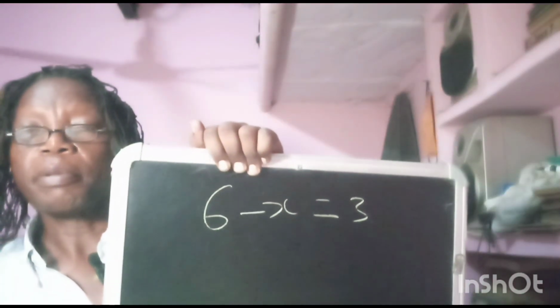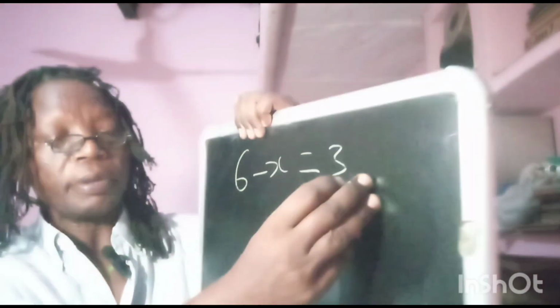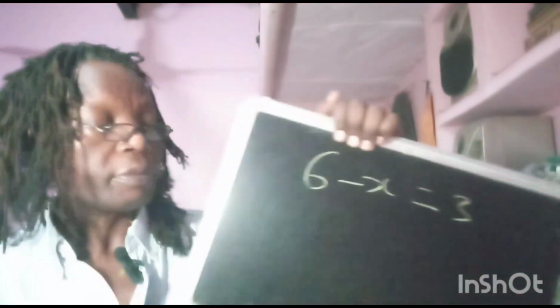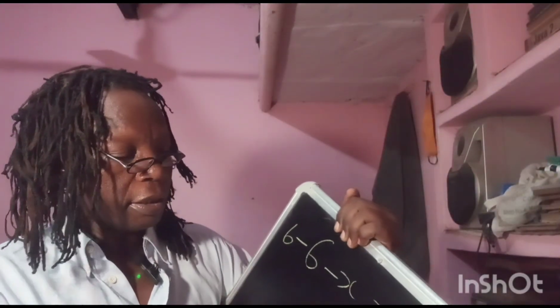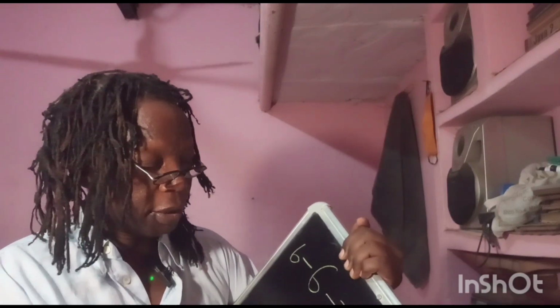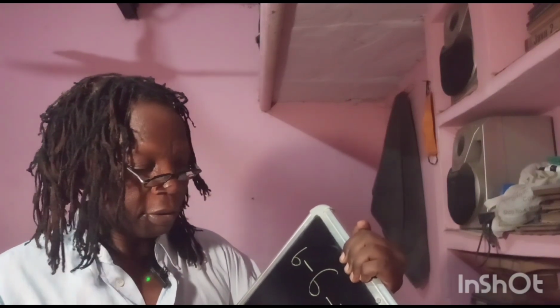Very simple. What we do is we take 6 to the other side, and we put it this way. If I minus 6 here, then plus 6 here, or minus 6 here.